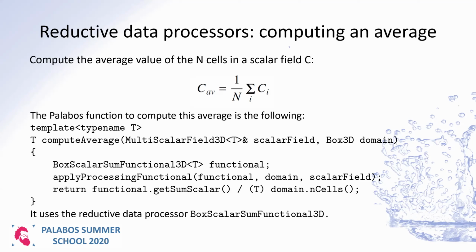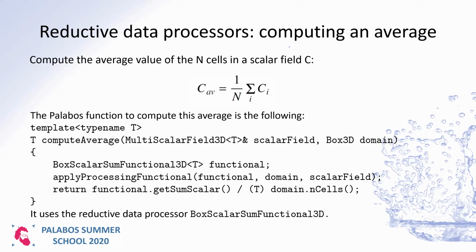To show you how that works, I will just show you the implementation of a data processor that exists in Palabos, which computes the average value of all the cells in a scalar field. So you have a scalar field C, which has n cells, and you want just to compute C average, which is the sum over all cells of Ci divided by the number of cells. This is a program you would write in an end user code of Palabos. Compute average takes a multi-scalar field and the global domain on which you want to compute the sum.